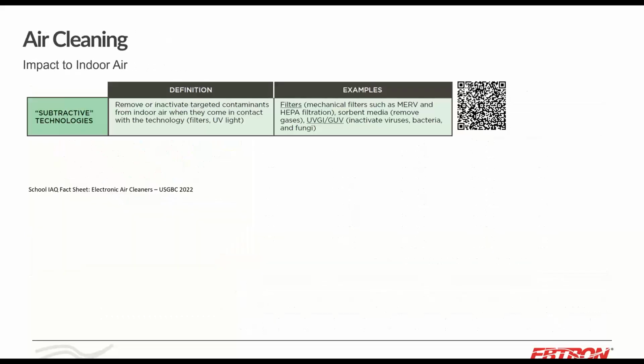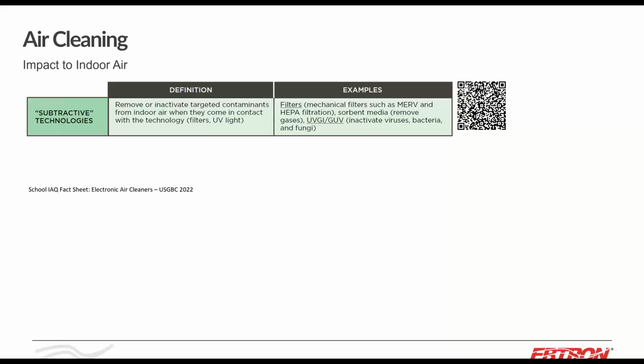So when we talk about filters, there are two standards of filters. We start with subtractive technologies. Subtractive technologies are these mechanical filters I've been talking about, the MERV-rated filters and the HEPA-rated filters, things that capture things in the airstream directly.